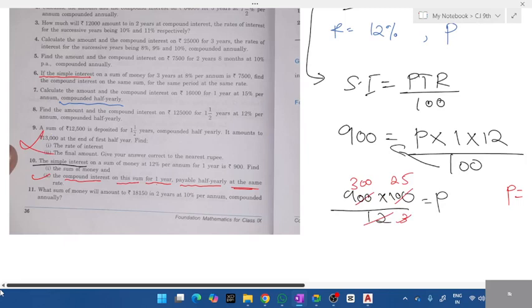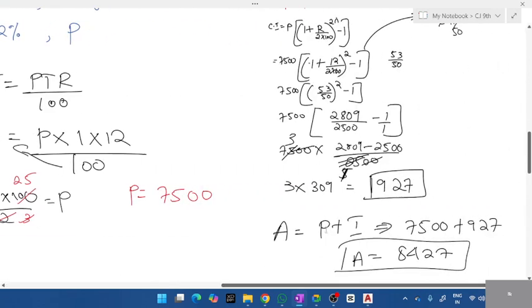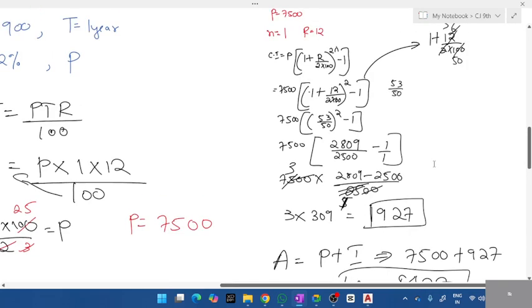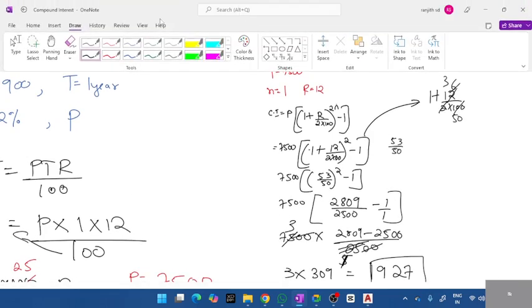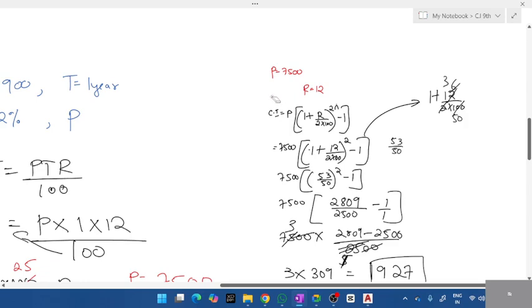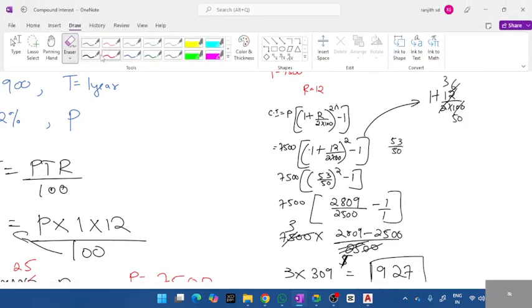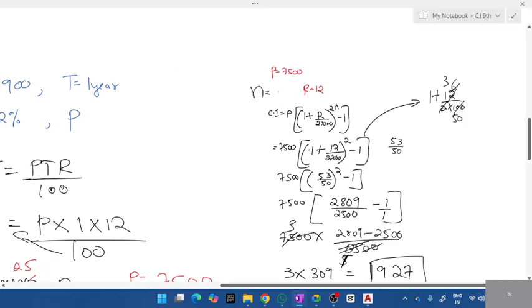Any one of you check the answer, students. The compound interest at the same rate. Okay, we don't need amount. We need compound interest. Is it 927? Okay, Bhargavi understood. Ananya, Bhargavi. Okay, here what was the time period given, students? They gave 1 year.